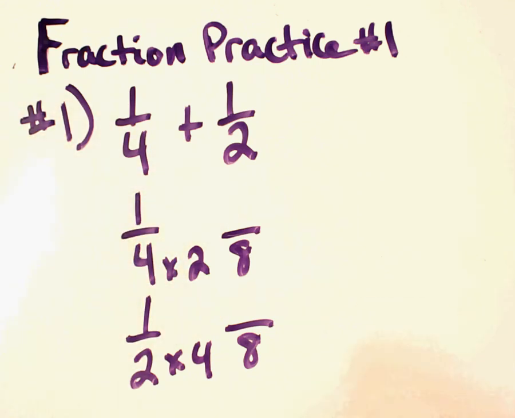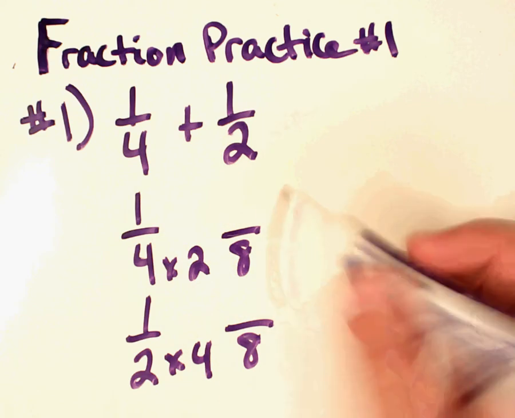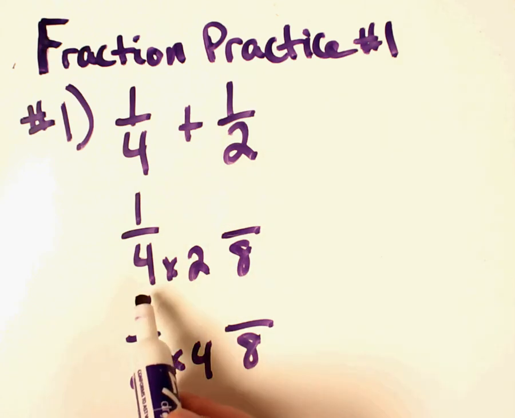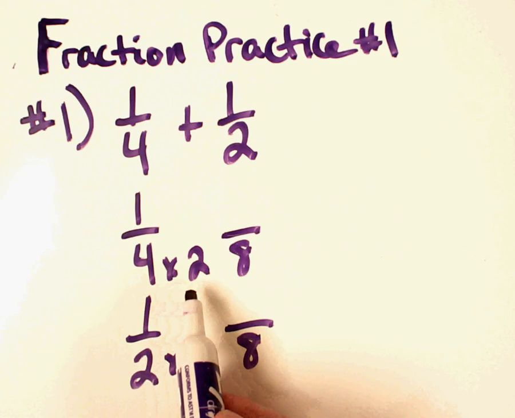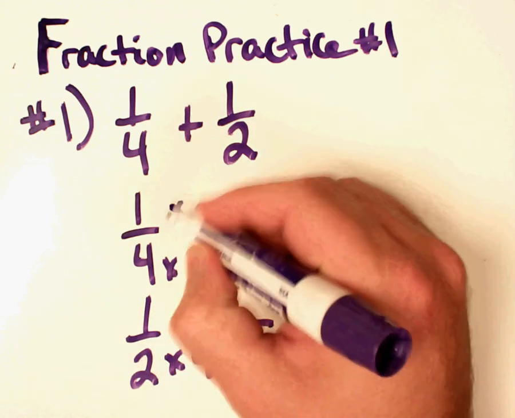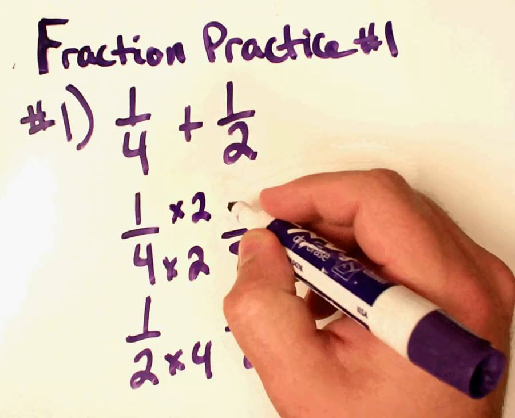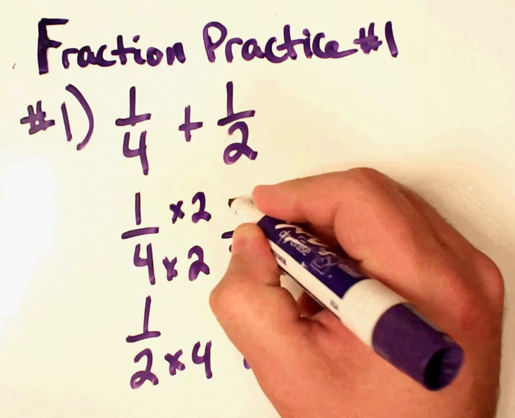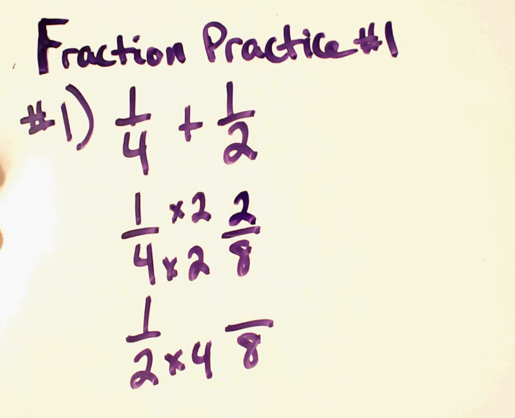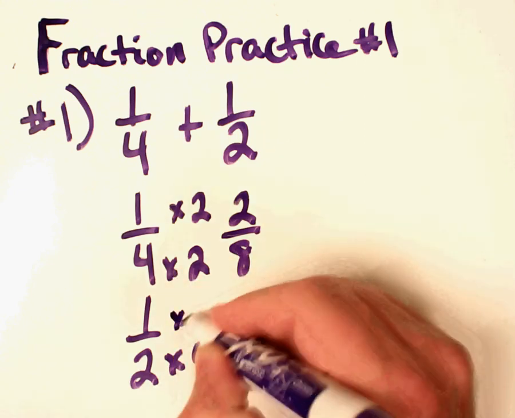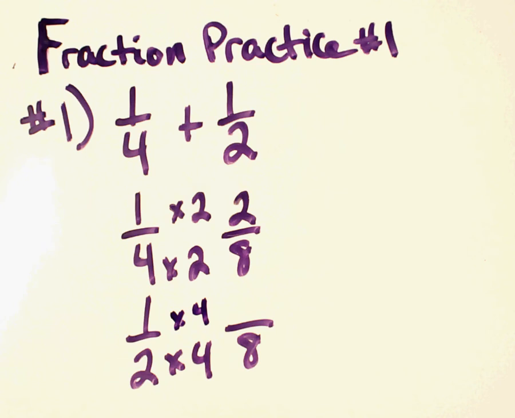All right, so let's look back and we'll start with the 1/4. Because I multiplied the bottom number, the denominator, by 2, I am now going to multiply the numerator by the same number. So I end up with 2/8. We're going to come back to that in just a second. For 1/2, I multiplied the denominator by 4, so I must now also multiply the numerator by 4.